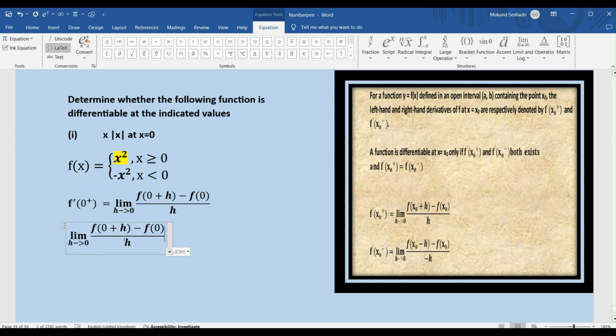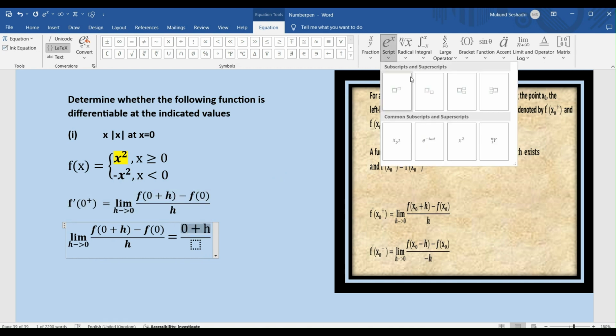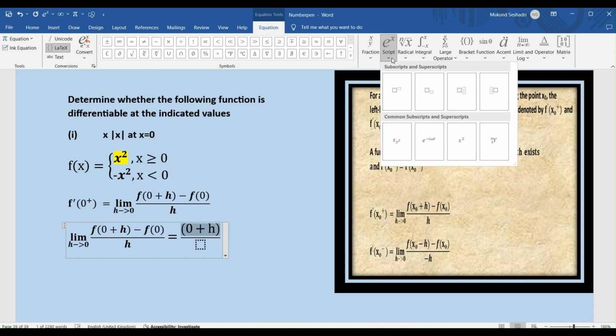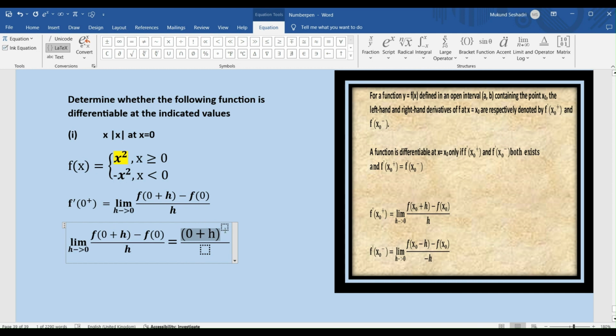So let me write it in the next line. So my f of 0 plus h is 0 plus h the whole square, because I'm picking up the function which is highlighted in yellow, because this is my right hand derivative, right? Bracket this and raise it to the power square. And then I have my f of 0.